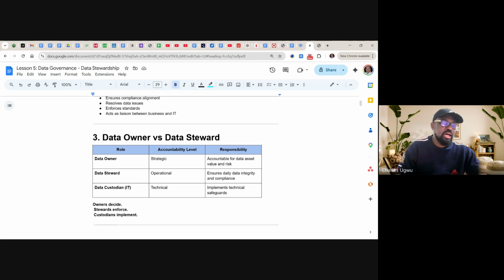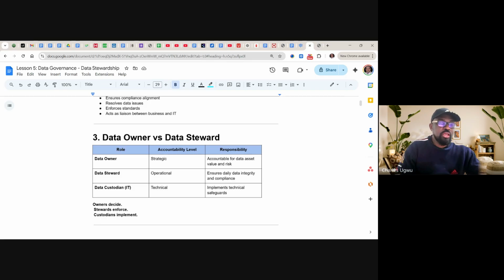Then the data custodian is the technical aspect, implementing technical safeguards. Custodians are like data administrators, the people who work with engineers and do all the necessary technicalities.